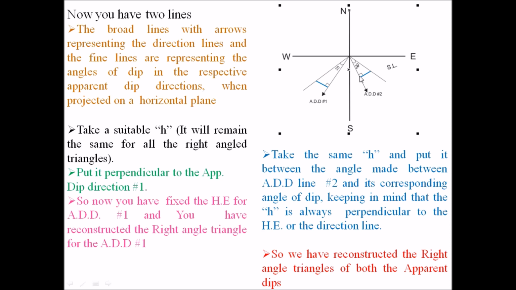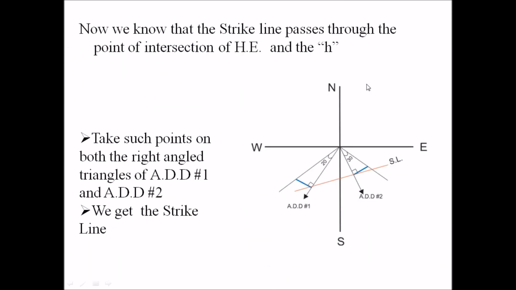Now we know that by taking the same H and putting it between the angles made between apparent dip 2 and its corresponding angle of dip, keeping in mind that H is always perpendicular to the HE or the direction, as I already told you, we have reconstructed right angle triangles for both apparent dip direction 1 as well as apparent dip direction 2.